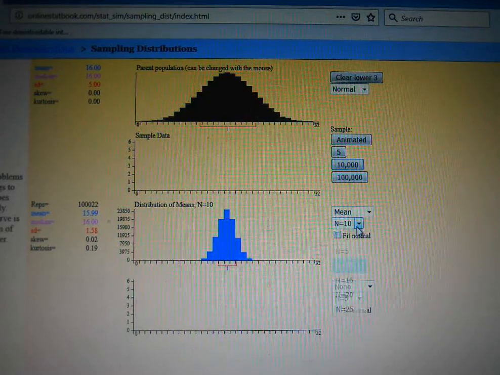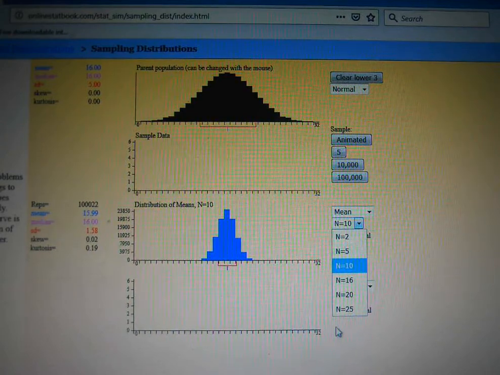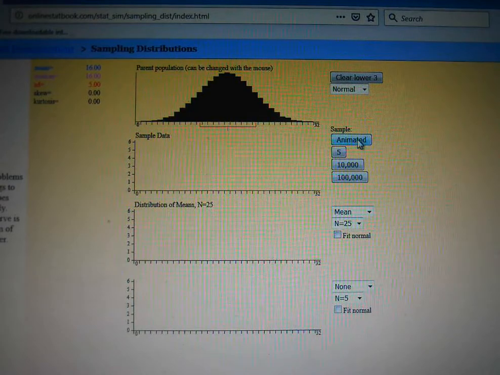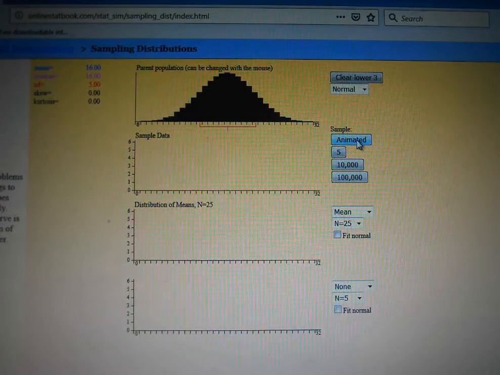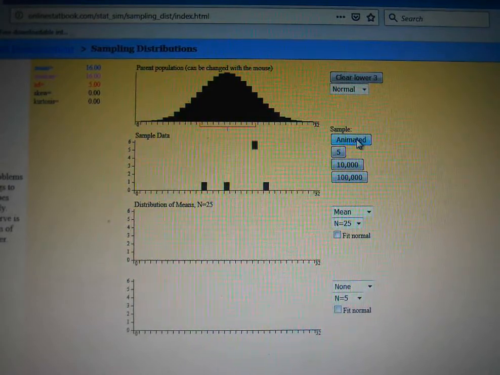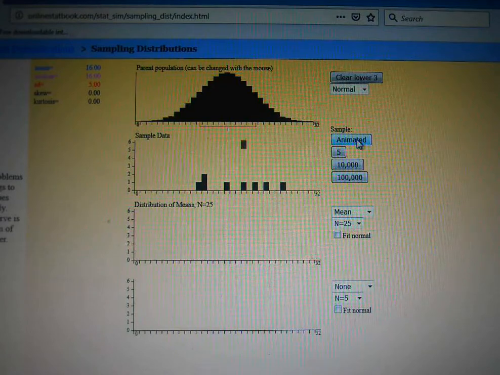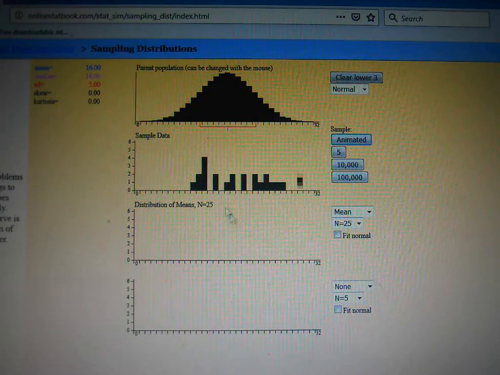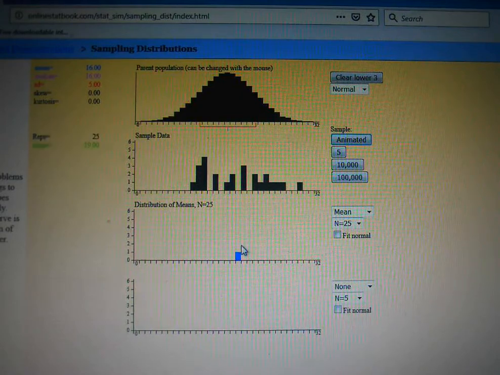Okay, now let me change that to a much larger sample size, like 25. If I animate, think about what's going to happen. It's going to take 25 individual pieces out of that parent population, calculate the sample mean, and plot it down here on the axis in blue.